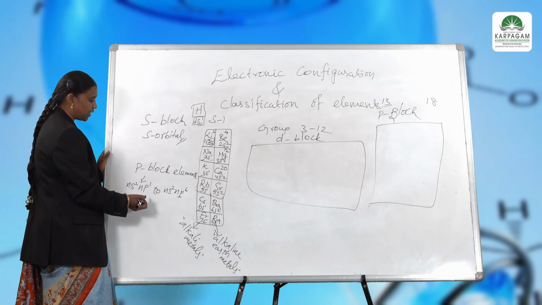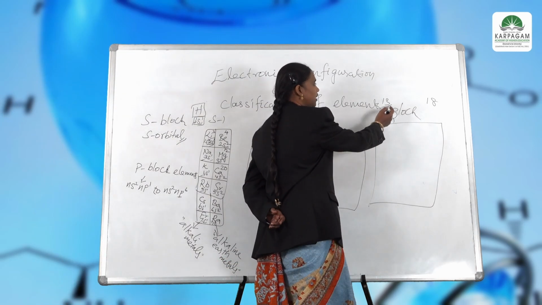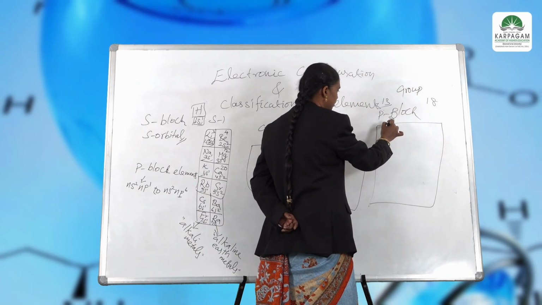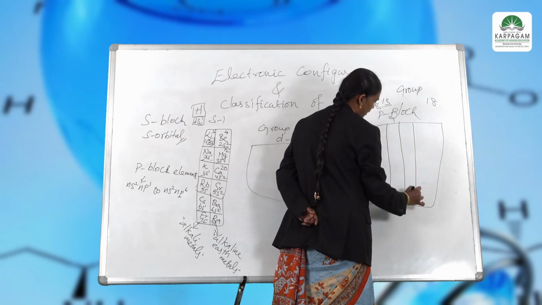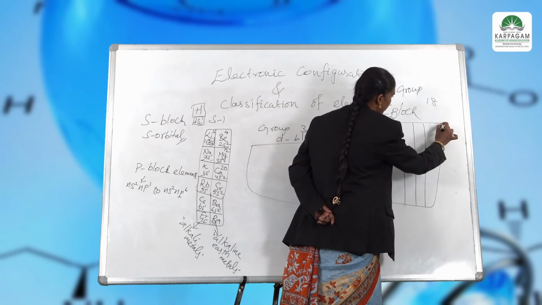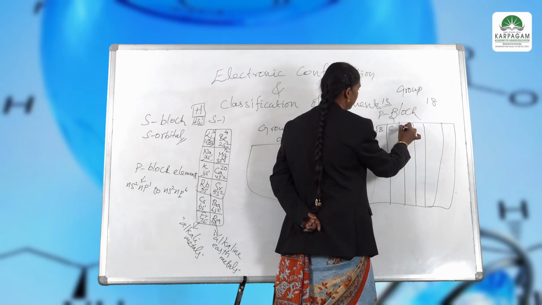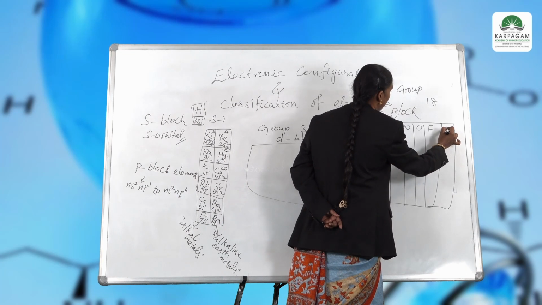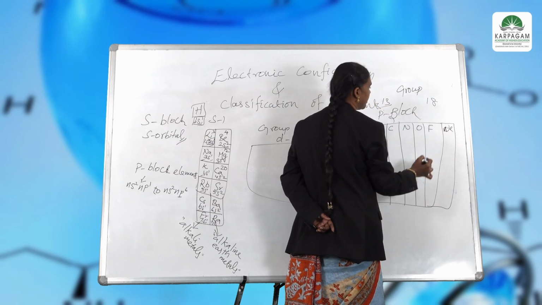The P block comprises group 13 to group 18, totally 6 groups. The first elements in the P block are boron, carbon, nitrogen, oxygen, fluorine and neon.